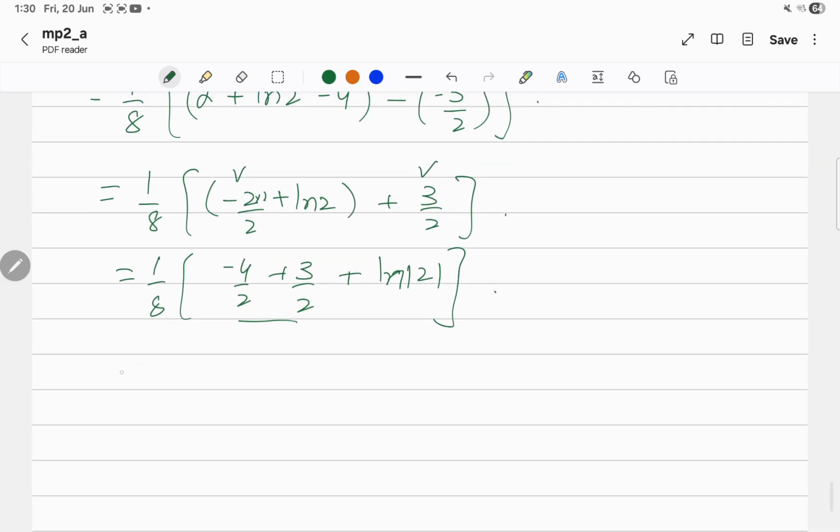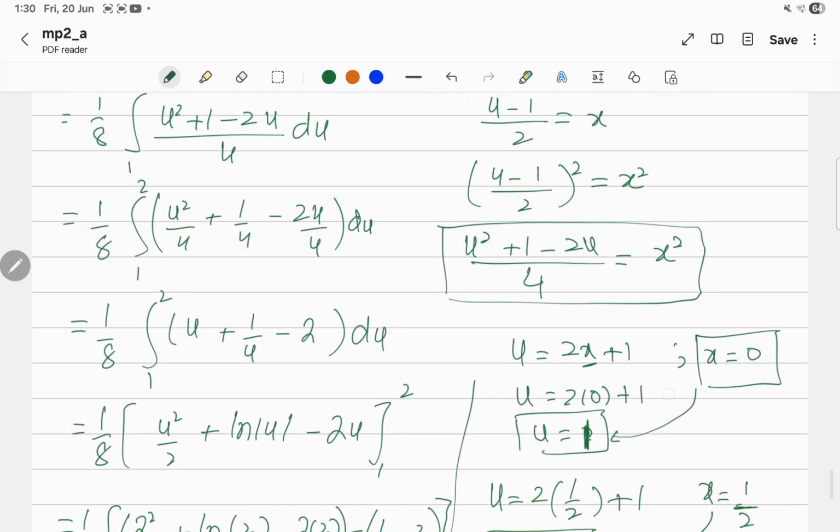Now we can solve these two constants together. The fractions have the same denominator, so minus 4 plus 3 will be minus 1 over 2, plus ln of 2. So this is the answer for part C.